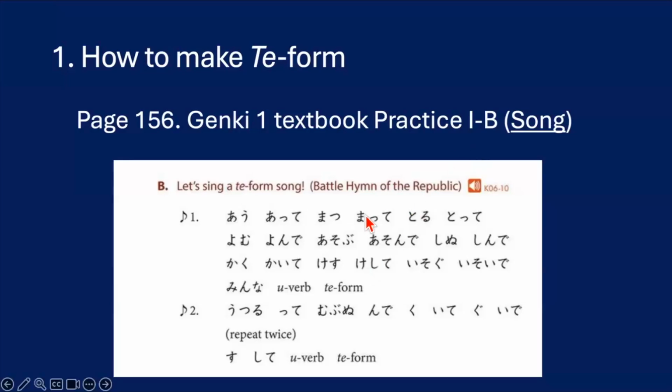So we'll listen to that, and I will follow along with the lyrics. Then this will help you remember the different final sounds of verbs and how they change into te or de form.